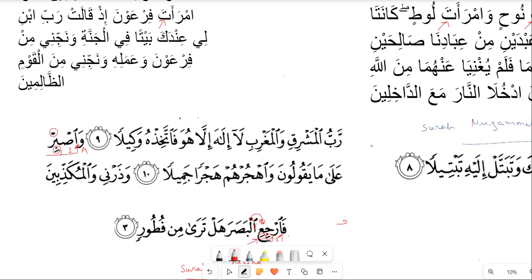The first sukoon is cancelled, and what happens? The first sukoon is cancelled, and instead of the sukoon, a kasra is given so that you can join your sound with the laam together. As it is, we need to omit hamzatul wasl. So, farji'il basara.